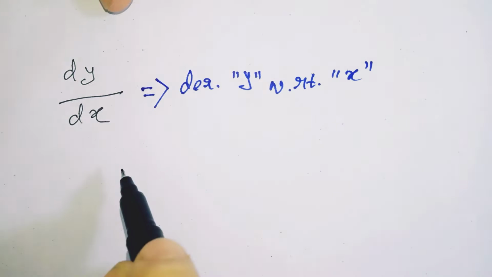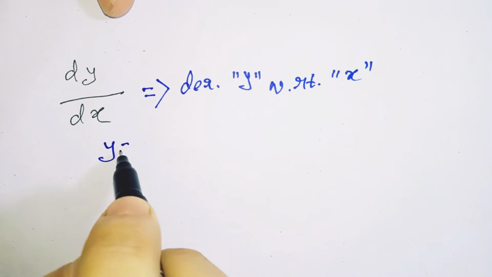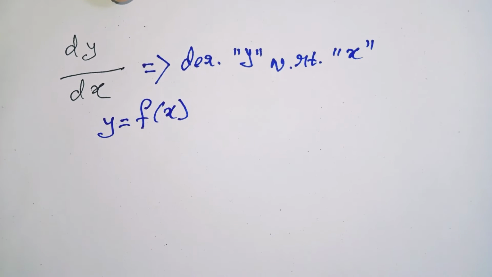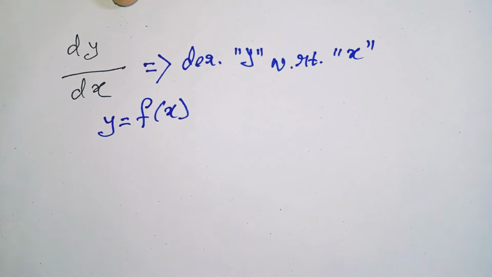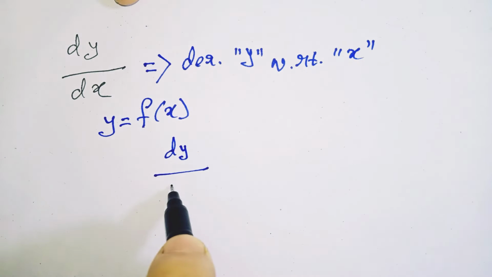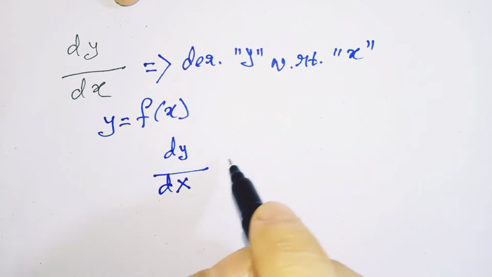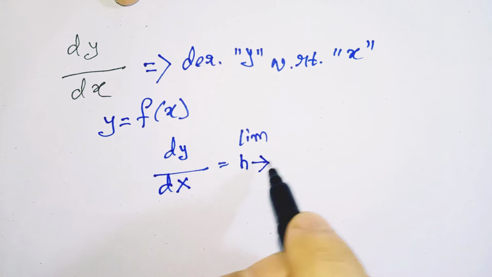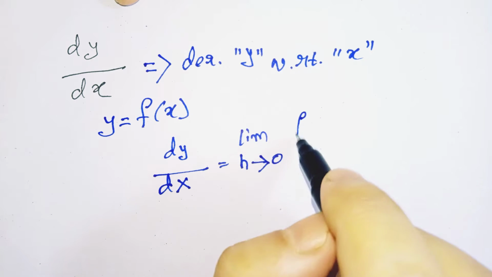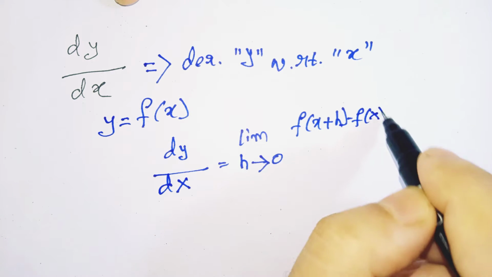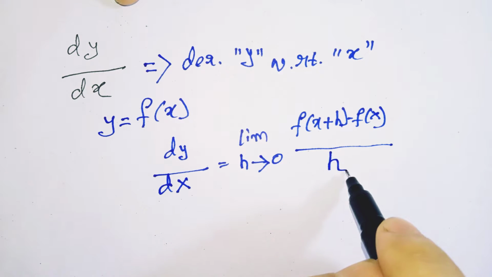Now, as we have noticed earlier, if we use y equals f(x), if this is a particular function, then y equals f(x) is a function of x, and definitely what we can do is write, as we have noted in the earlier notation, dy by dx as the limit of h tending towards 0, and in the numerator we have f(x plus h) minus f(x), the whole divided by h.